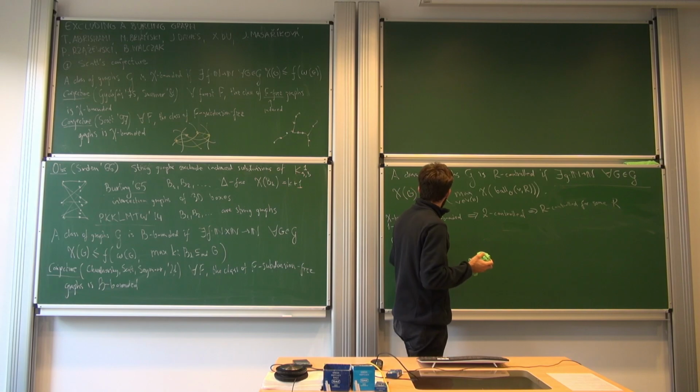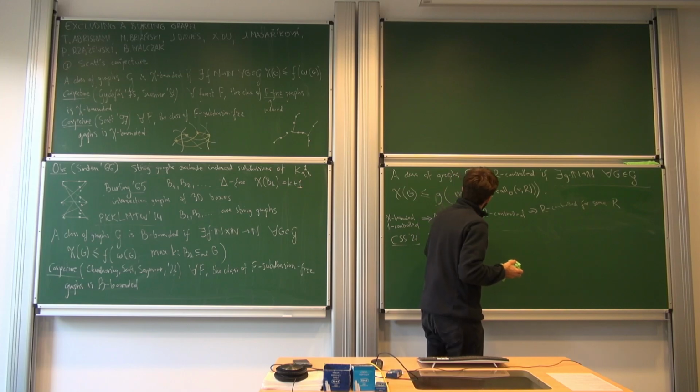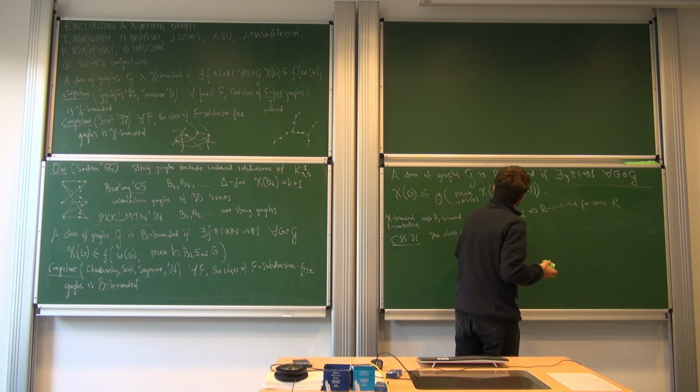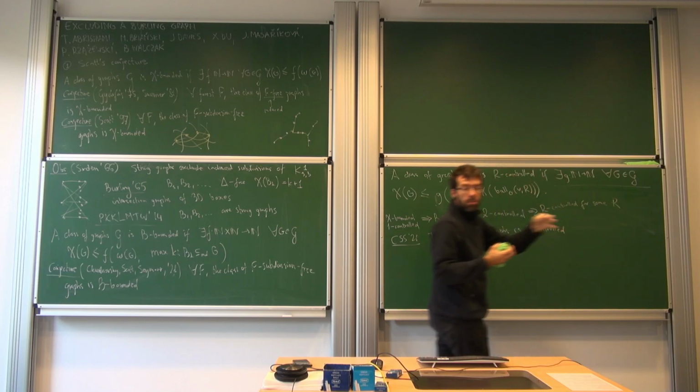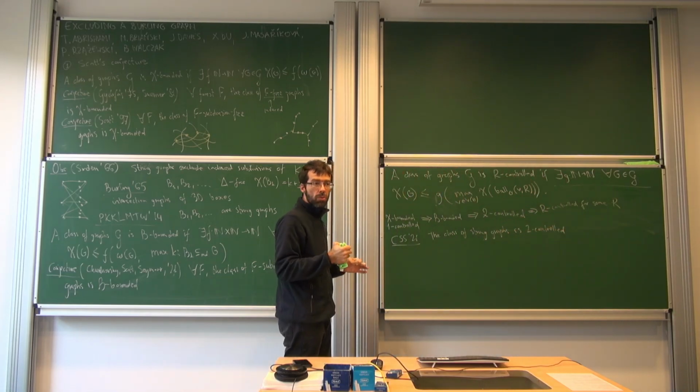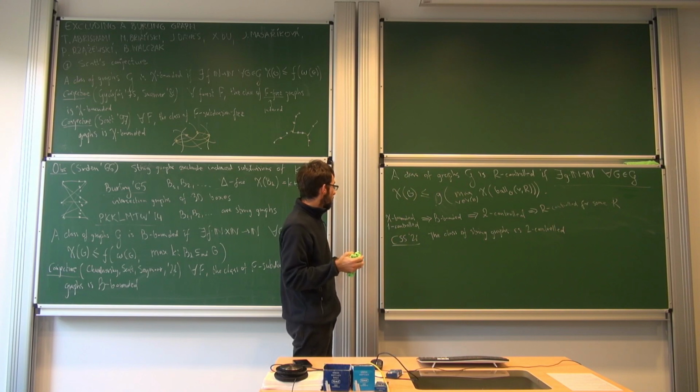First of all, the class of string graphs is two-controlled. So in particular, Burling graphs are two-controlled too, because they are string graphs.